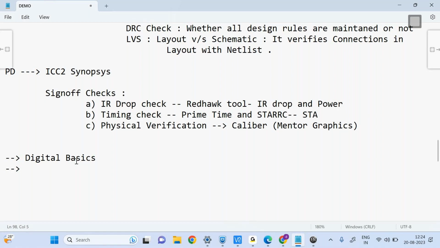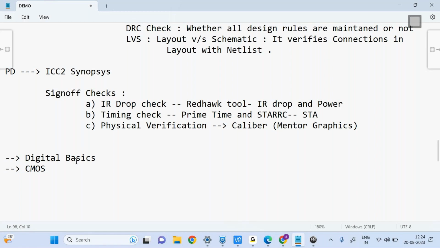And after this, what is required? Yes, CMOS is very, very important. What is MOSFET? How does the MOSFET work? What do you mean by transmission gate? Why do we use transmission gate? What is CMOS? Complementary metal oxide semiconductor.